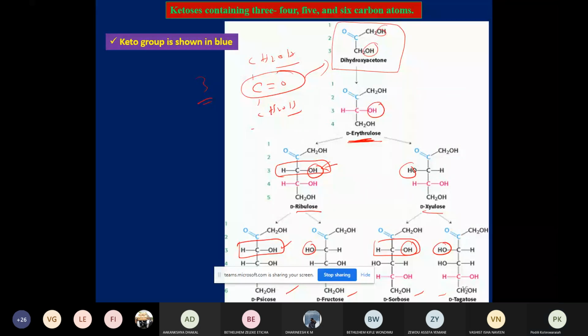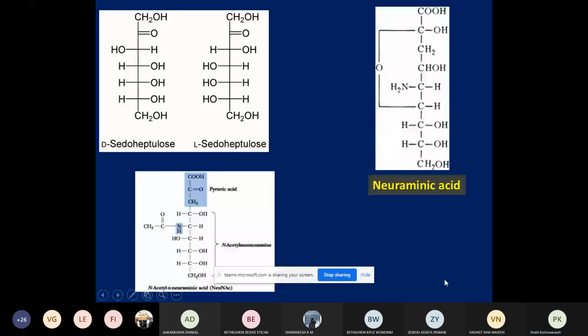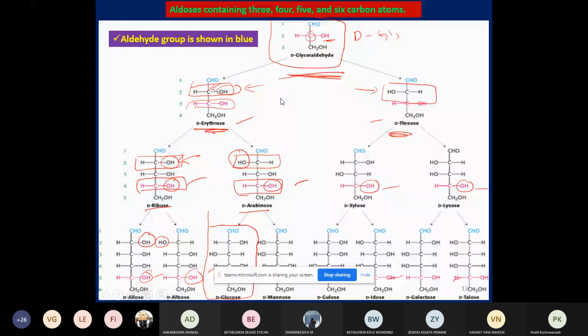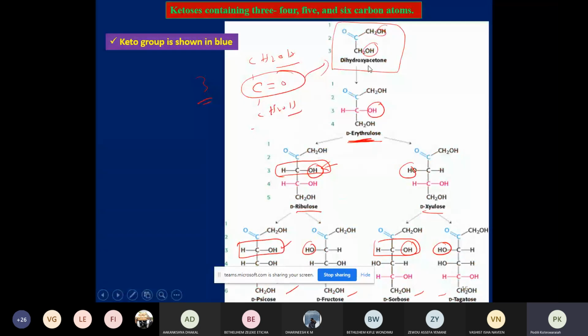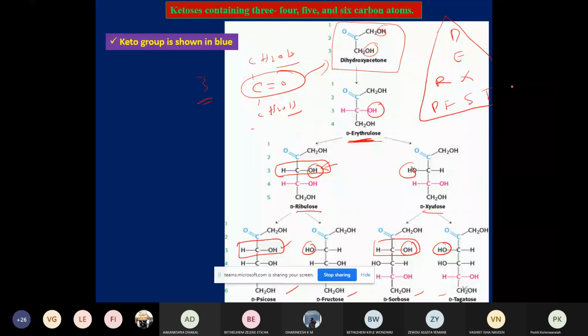In order to write the structure of the aldoses, we need to remember the structure of glyceraldehyde. In order to write the structure of any ketose, we need to remember the dihydroxyacetone. And for this also you can remember a shortcut, that is DE-RX-PF-ST.